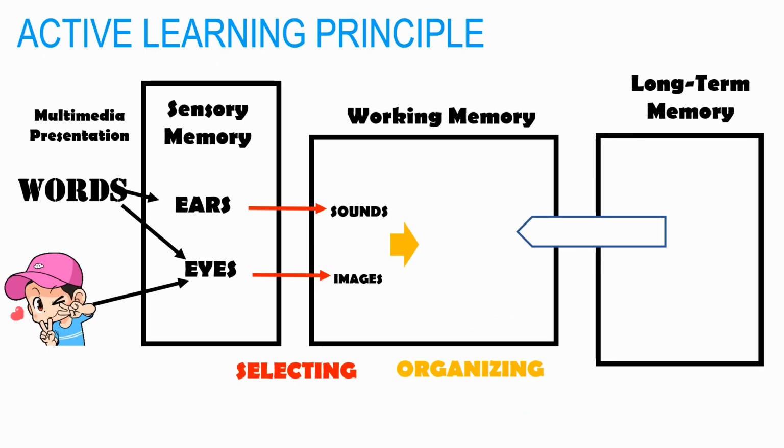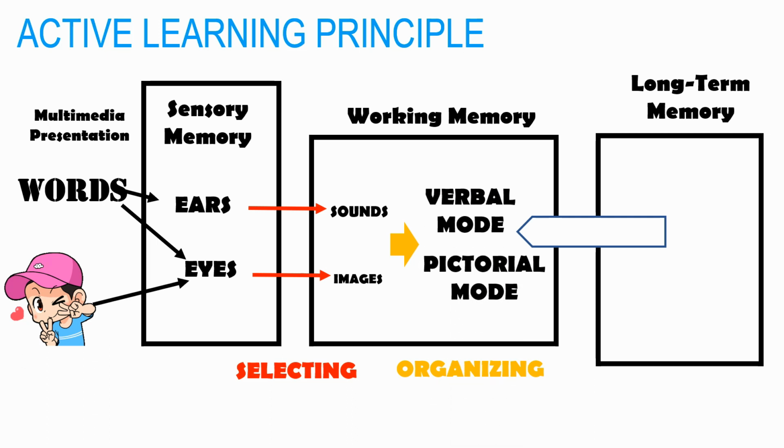According to the active learning principle, there are three cognitive processes in meaningful learning. The first is selecting the words and images in sensory memory with attention, otherwise the information quickly fades away. The second process is rearranging and organizing information in working memory since it has a limited capacity. Integrating the information with prior knowledge moves information into long-term memory.